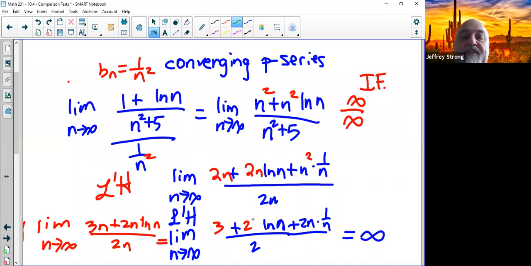If I simplify this, n squared times 1 over n is just n. So n plus 2n is 3n, plus 2n natural log of n, over 2.